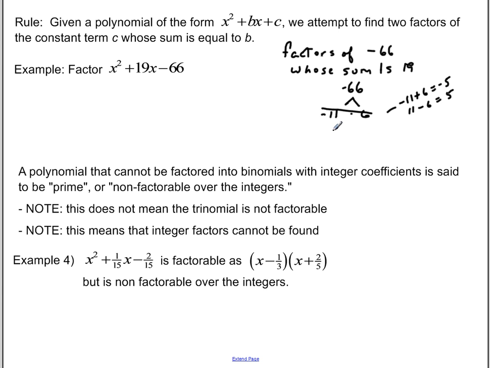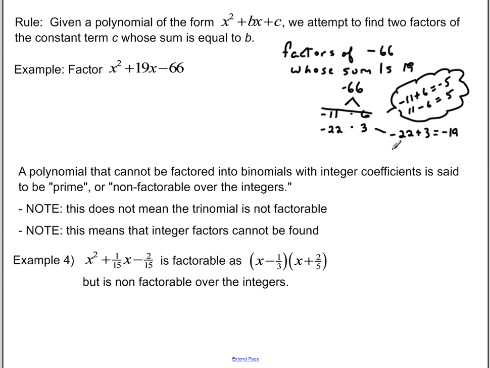Let's see, what else could we do? Well, how about negative 22 and positive 3? Well, negative 22 times 3 is certainly negative 66. Let's see how that one works out. If we take a negative 22 and add 3, we get negative 19.